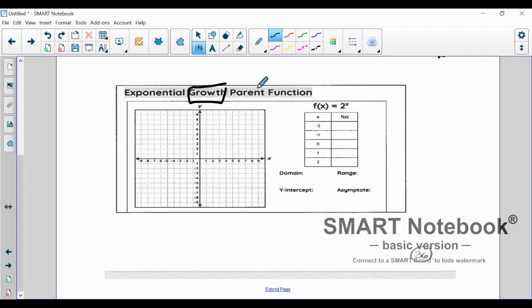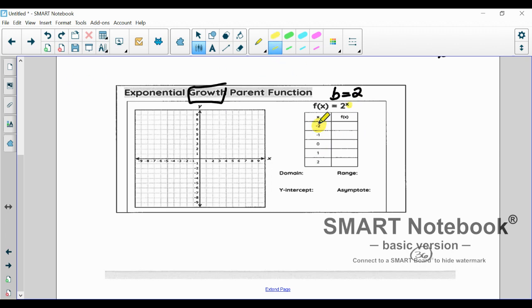Now, the problem is that each function is going to have its own parent function. So when the base changes, we get a new parent function. So this is the parent function when b is 2. If the base was 3, we would have a different parent function, but it's the parent function because no transformations have occurred. So I'm going to plug in all of these x values to the function.